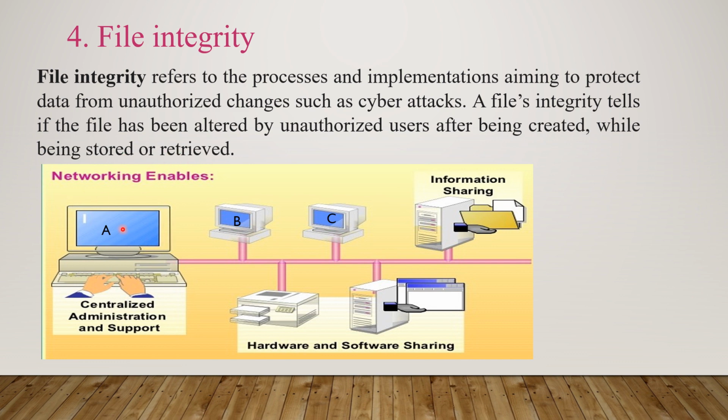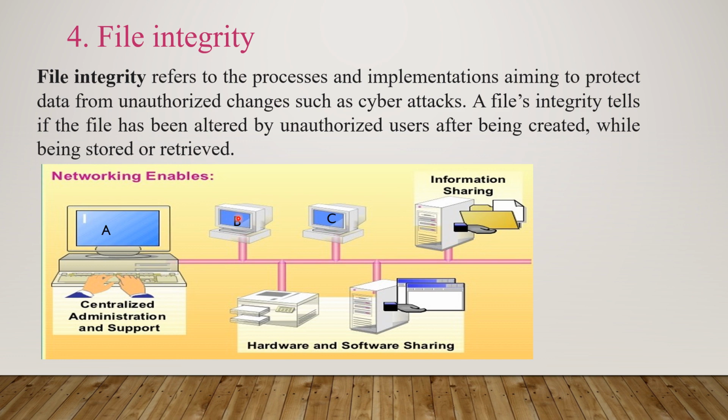Look at this picture. In this picture, user A is our authorized user. User B and C are treated as unauthorized users. User A, as the authorized user, has been given the permission to make any changes to the files that are stored in this server.